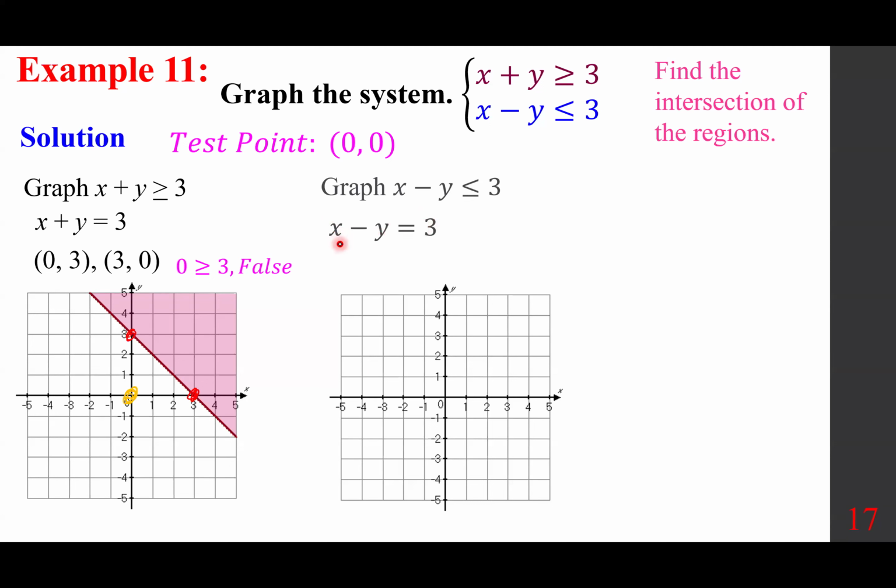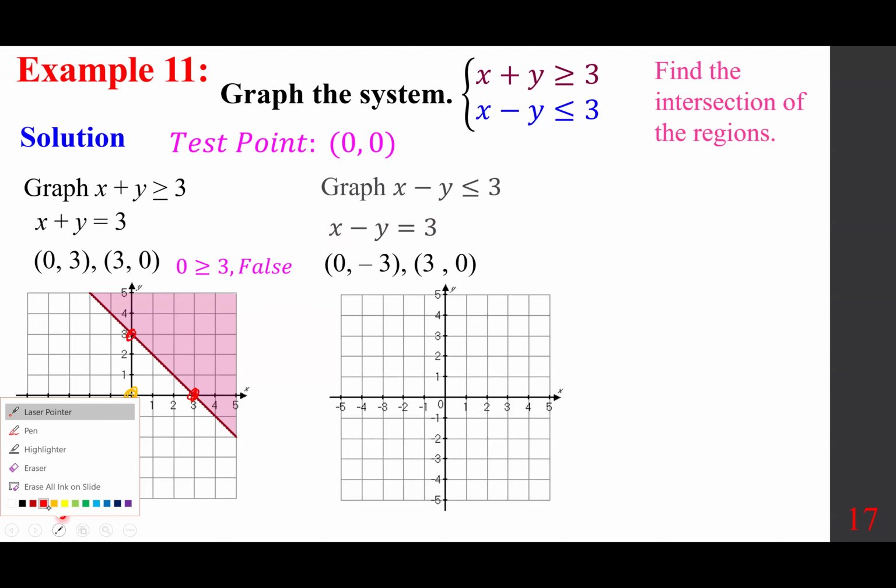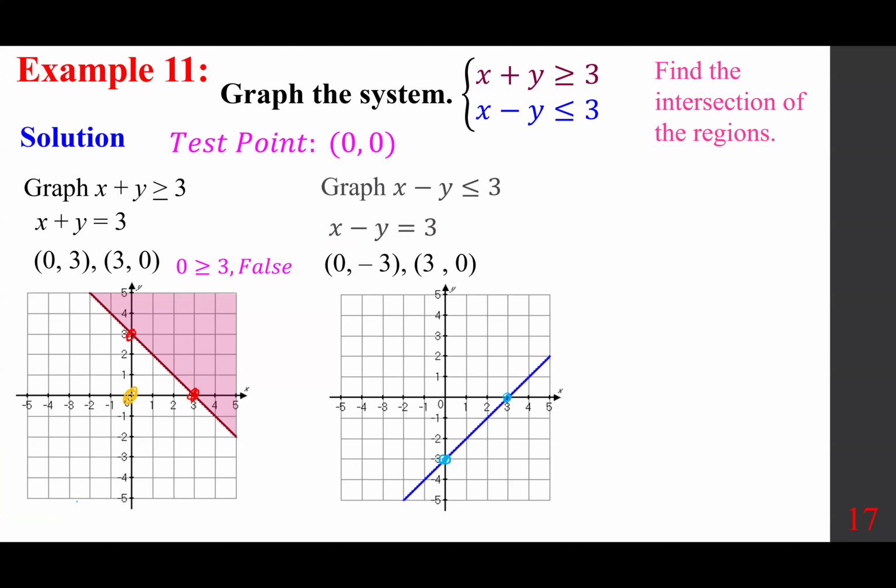If y is 0, x is positive 3. And here's the line. And again, we can pick the origin as a test point because it doesn't belong there.